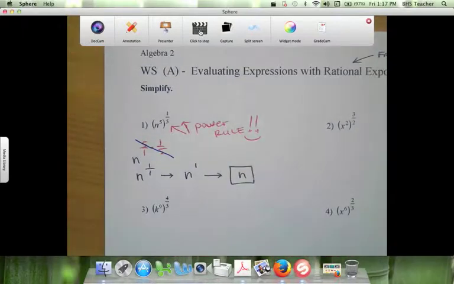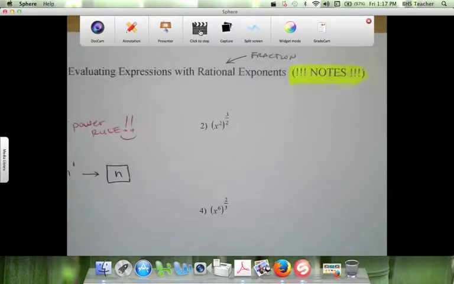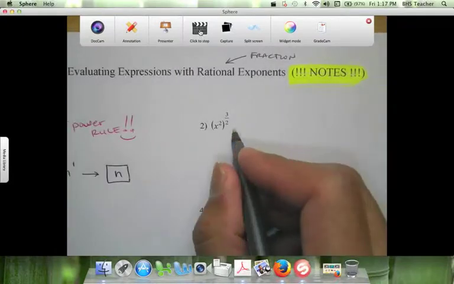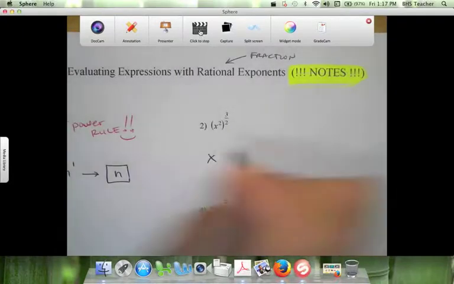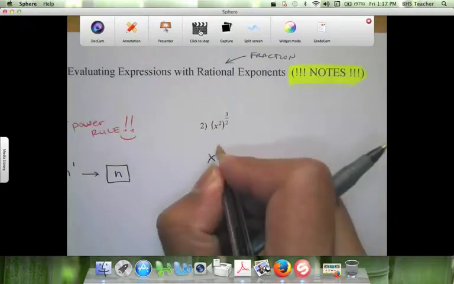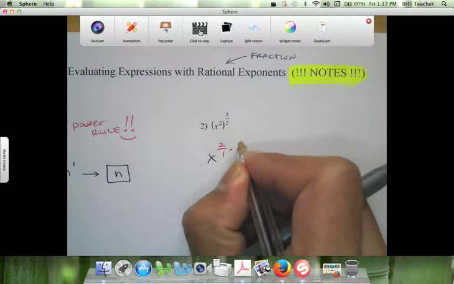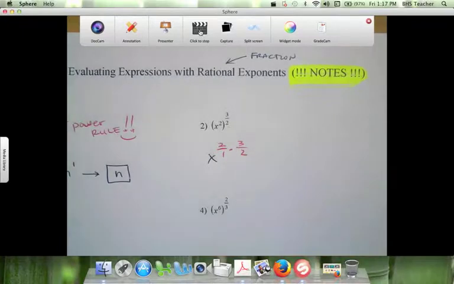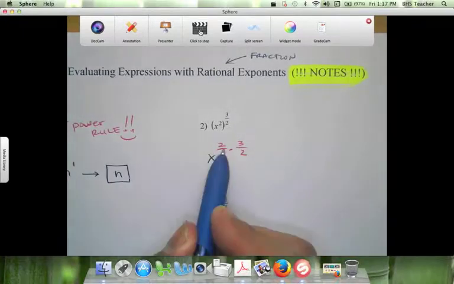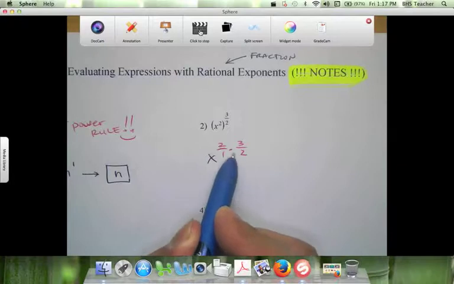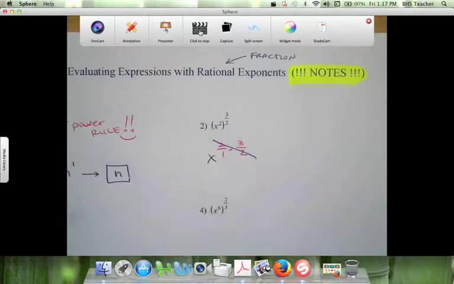Number 2. Again, power rule, x. 2 is a whole number, that's 2 over 1, times 3 over 2. Again, these match. The denominator with the numerator divide out. You can just cancel them out.